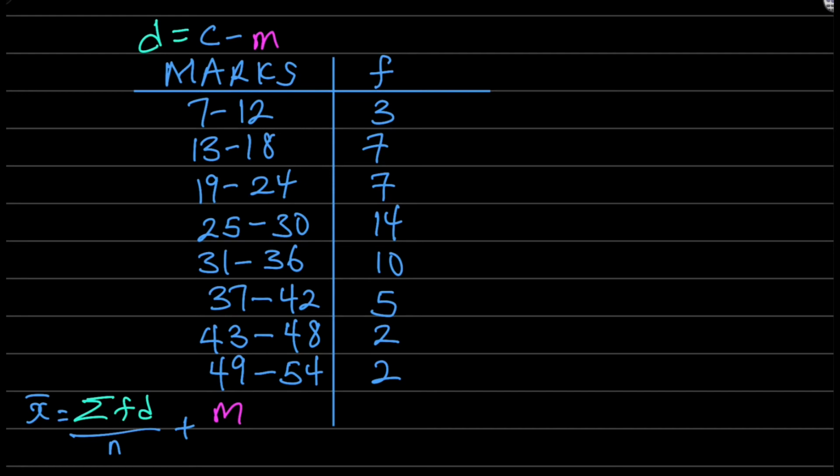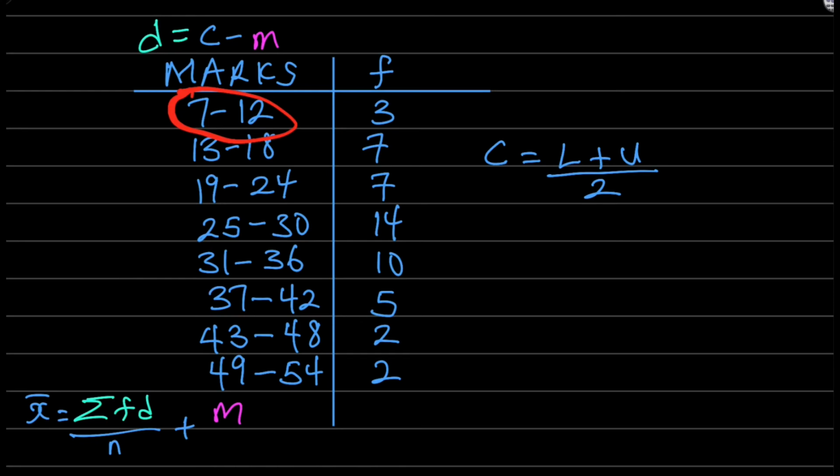And when we are dealing with 7 to 12, to find your c, c is equal to the lower class limit plus the upper class limit divided by 2.